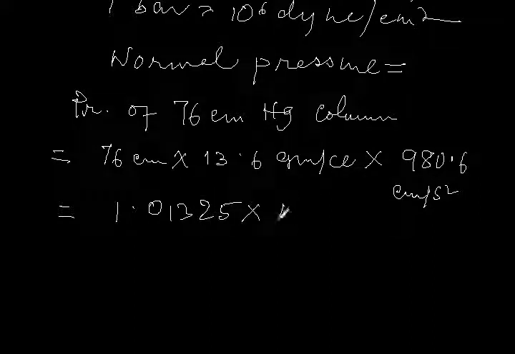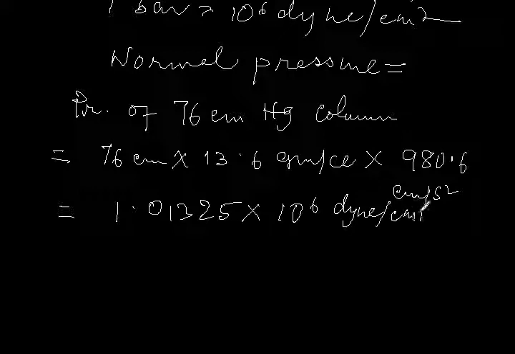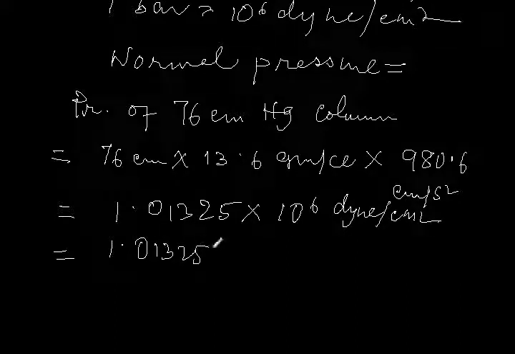into 10 to the power 6 dyne per centimeter square, or it can also be called 1.01325 into 10 to the power 6 by 10 to the power 5 by 10 Pascal, that is 10 to the power 5 Pascal.